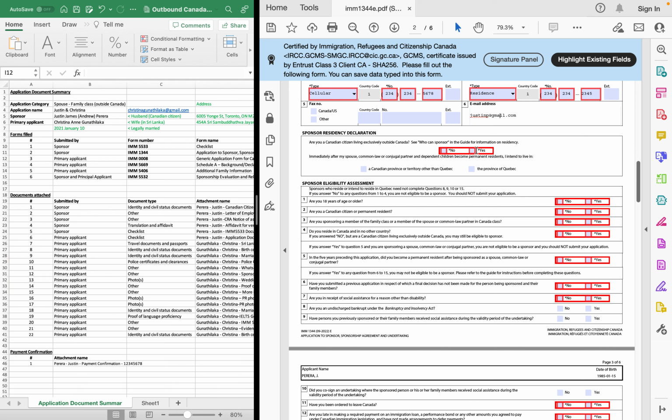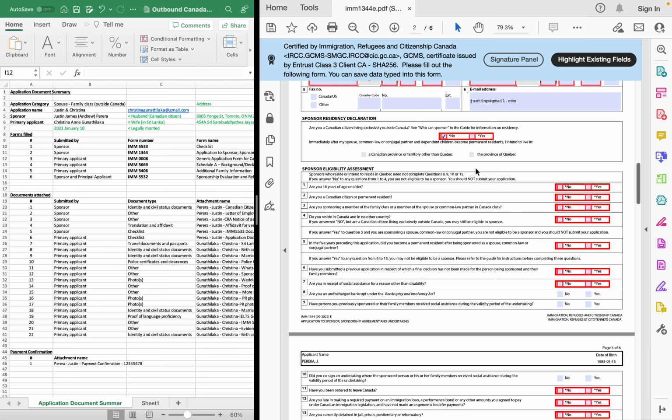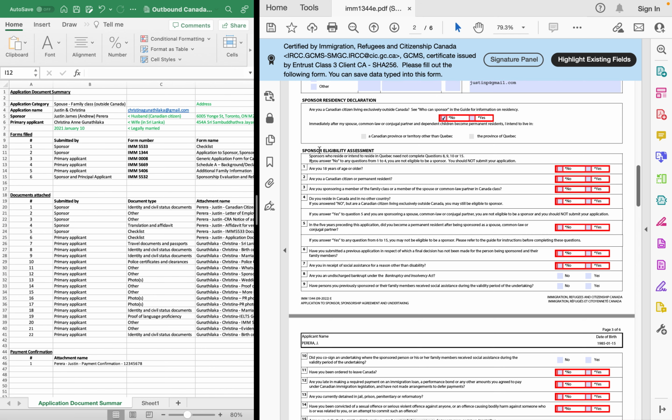In my case, the husband was living in Canada, so it's simply going to be no. As soon as you click no, the other fields are gonna get disabled. Now we are going to move into the sponsor's eligibility assessment. Sponsors who reside or intend to reside in Quebec do not need to complete questions 8, 9, 10 to 15. If you answer no to any of questions 1 to 4, you are not eligible to be a sponsor. You should not submit your application.